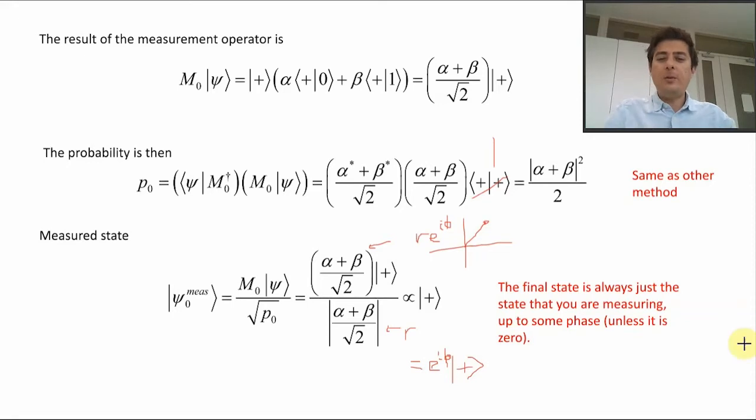So that's basically what this is saying. I wanted to check whether it's plus or minus. I found that it's plus, so the state is plus. That's all this is really saying. Sometimes the mathematics gives you obvious results, if you like.